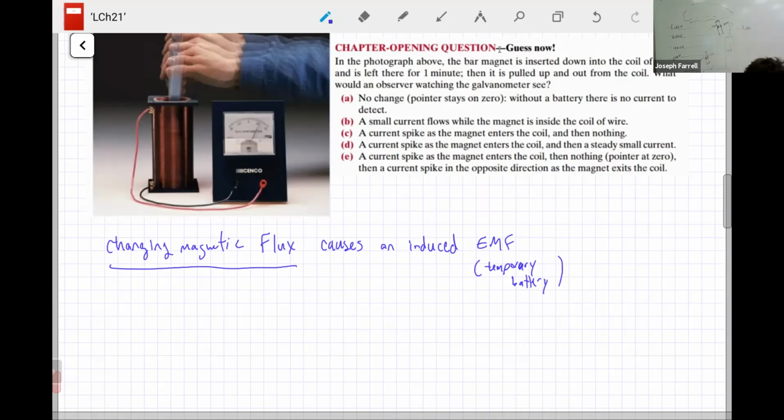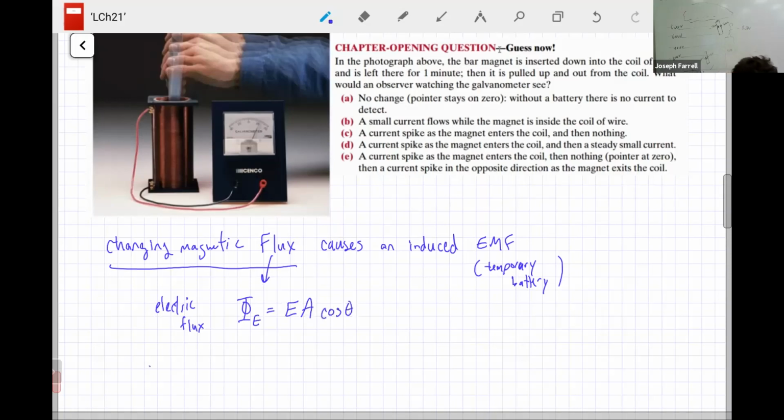So flux, if you'll remember, we defined electric flux as phi sub E, the electric field times an area, and then the cosine of theta.